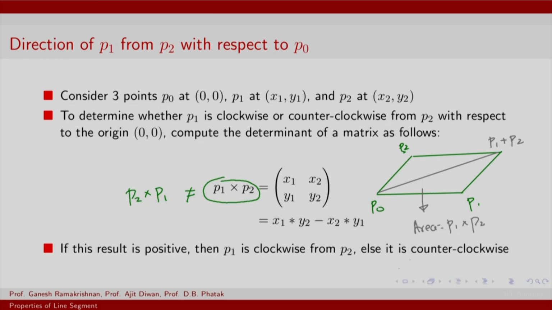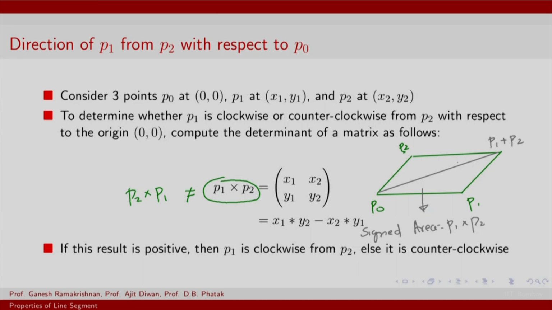However, this area is not commutative with respect to P1 and P2, so we call this the signed area. So the signed area P1 cross P2 is not the same as the signed area P2 cross P1.